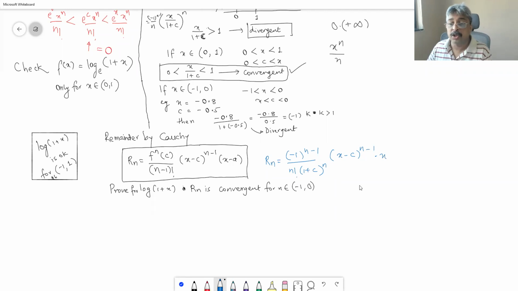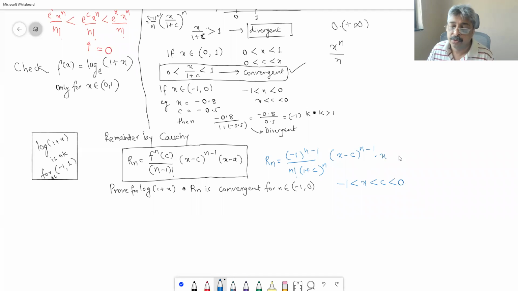This is your term, and basically what we are looking at is, if x belongs to this, the relationship that we have is minus 1 is less than x is less than c is less than 0.